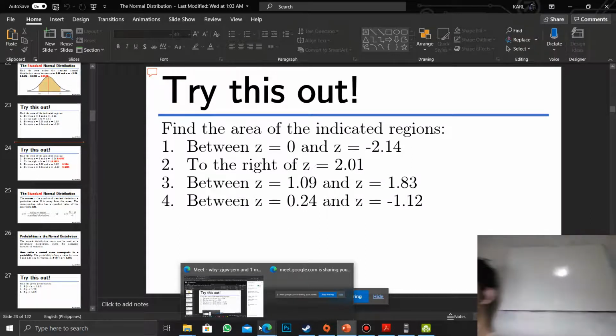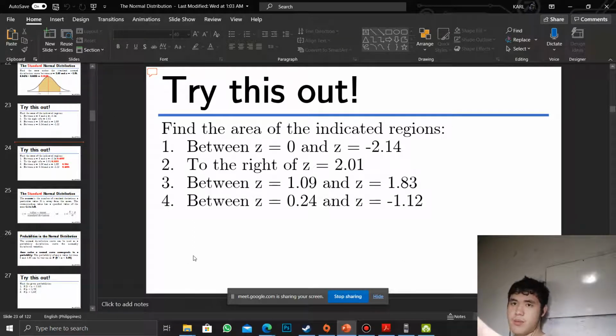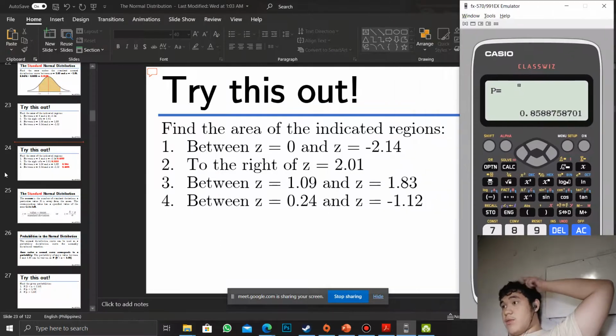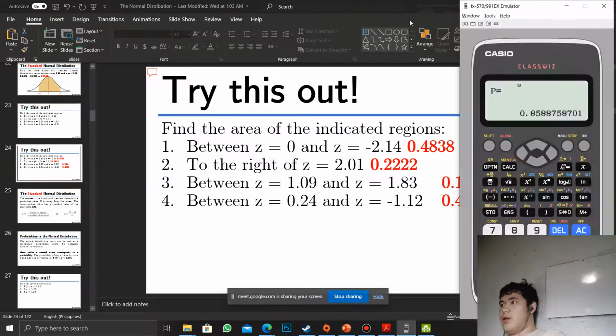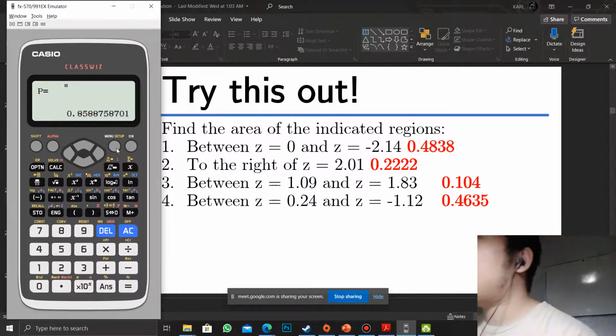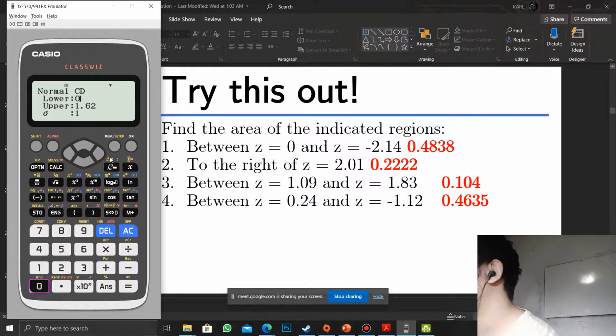Okay, time's up. So, ganito siya, no? Let's look at the calcu. Set up. 7, 2. Lower is 0. 2.14 ay negative 2.14.